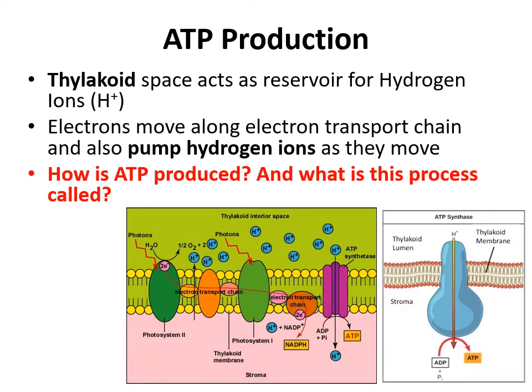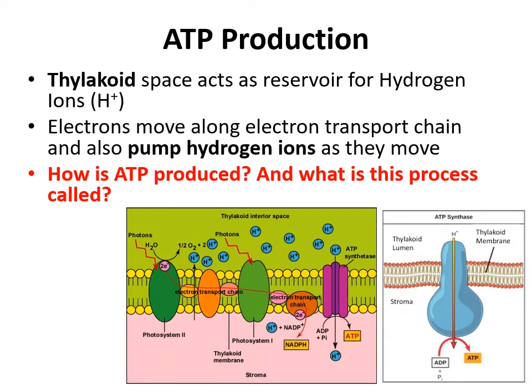Now, for ATP production in this thylakoid space, you basically have a reservoir of hydrogen ions, which serve as the electrons to move along the electron transport chain. Now, the flow of these ions from high to low energy provides kinetic energy.